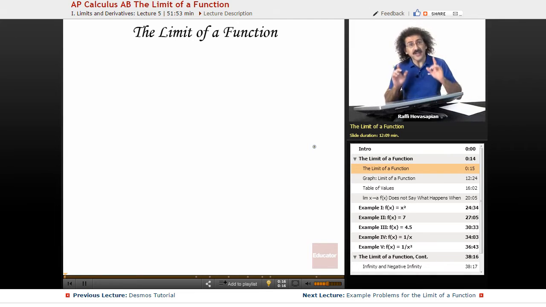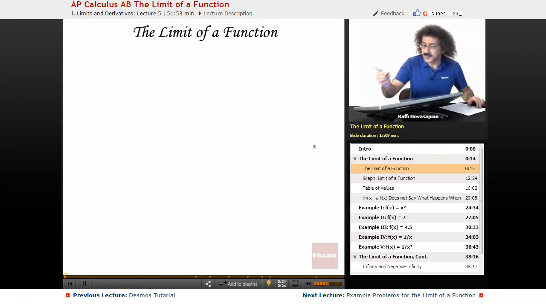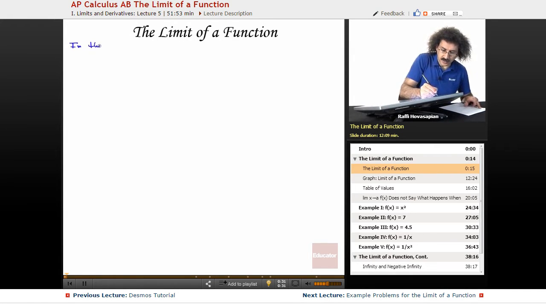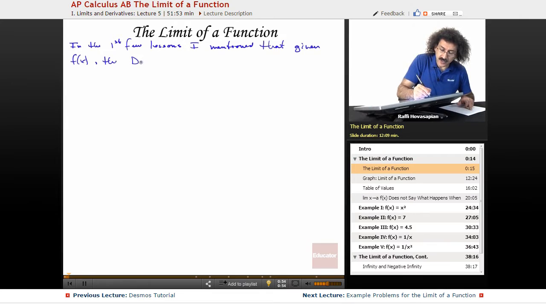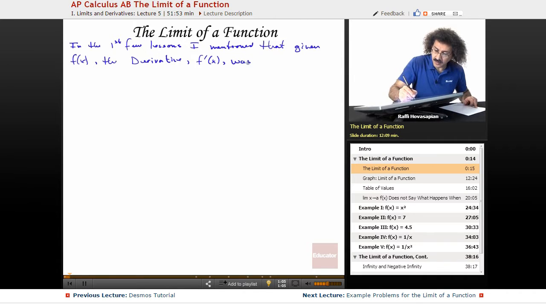Okay, so in the first few lessons I mentioned that given some f of x, the derivative, which we symbolize with a little prime symbol, f prime of x, was found as follows.